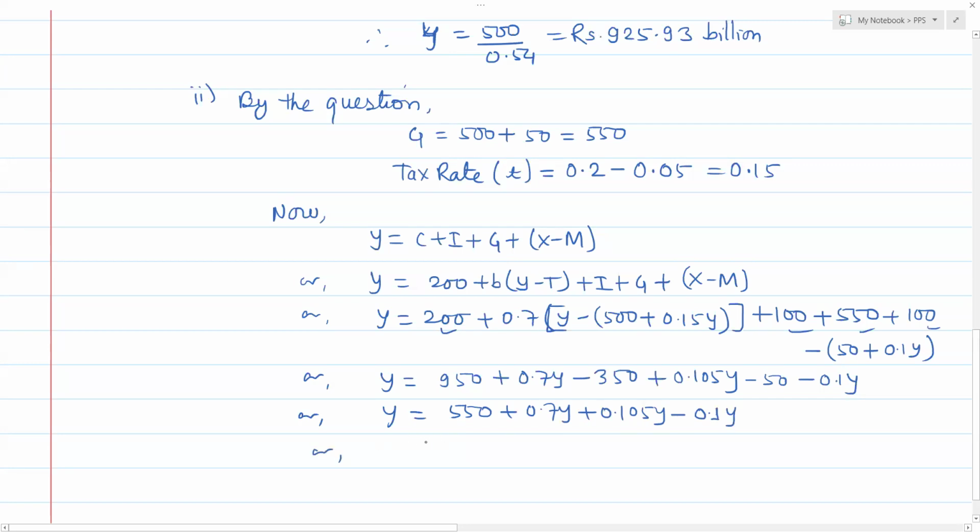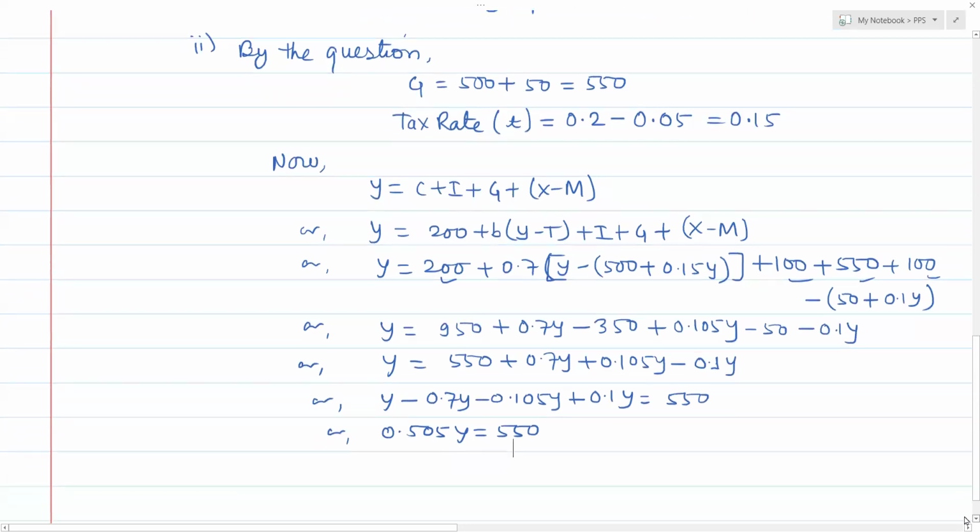Solving this, we get y minus 0.7y minus 0.105y plus 0.1y is equal to 550. Solving this, 0.505y is equal to 550.